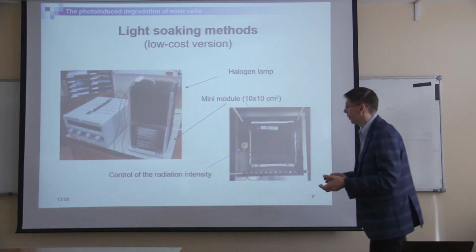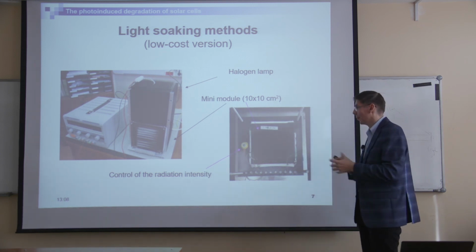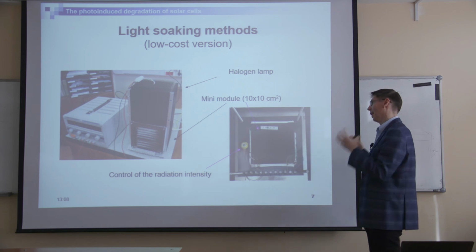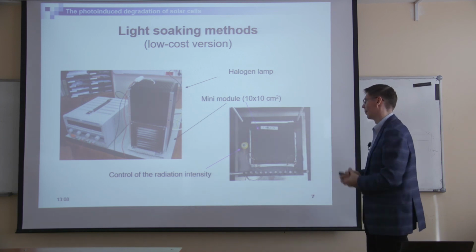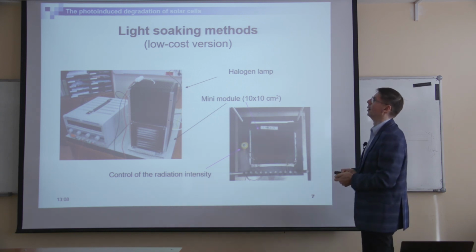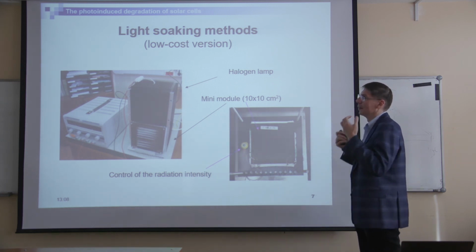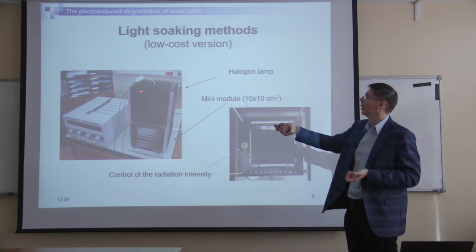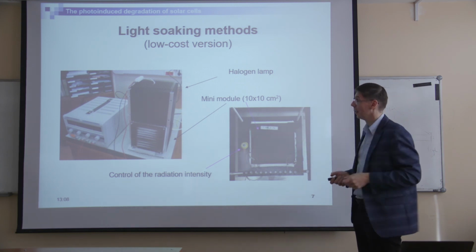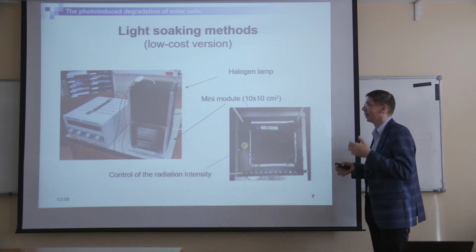So if you have a more, let's say, modest budget, or you have no reason to make large module measurements, you can make some small system yourself to provide this light soaking, because there is no strict requirement about the spectrum. So you can use, for example, a halogen lamp. The only requirement is that it should work during 1000 hours.